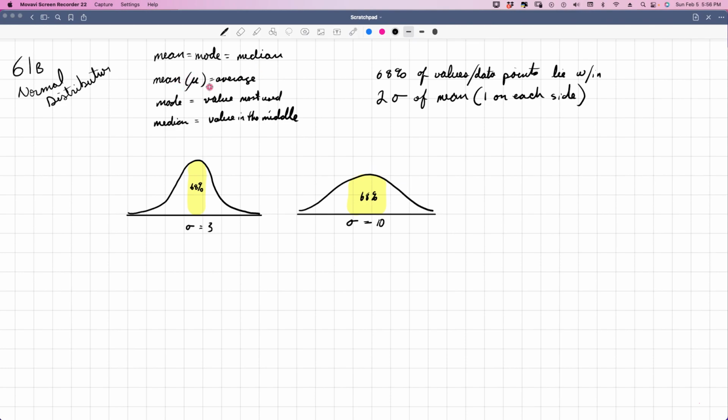So your mean, which is your average, your mode, which is the value most used, and your median, which is the value in the middle, those will all be the exact same number. When you get the data to where those three are all equal, then you know you have enough data to have a real study, to have a real distribution, and to be able to evaluate it.